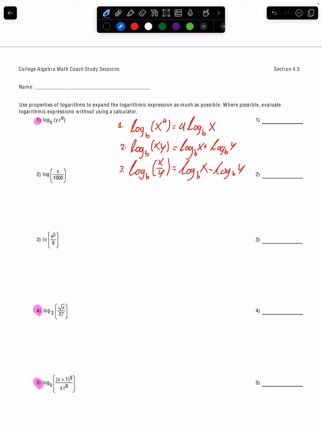This would turn into the log base b of y plus the log base b of z to the 9th. And that 9 we can actually move down, so it's 9 log base b of z.